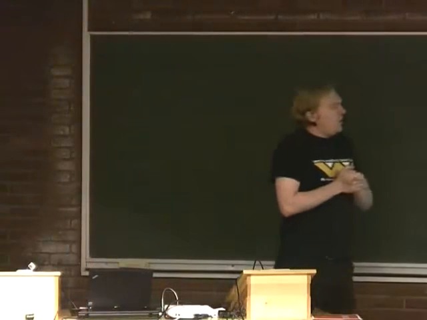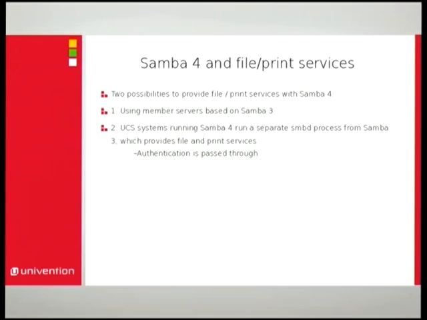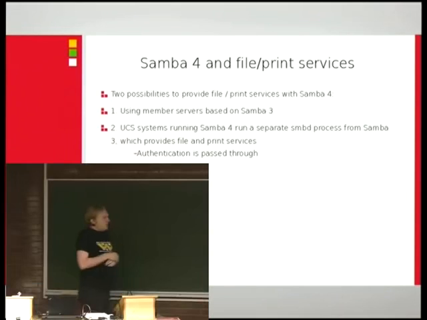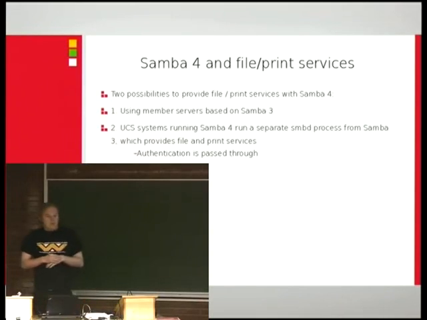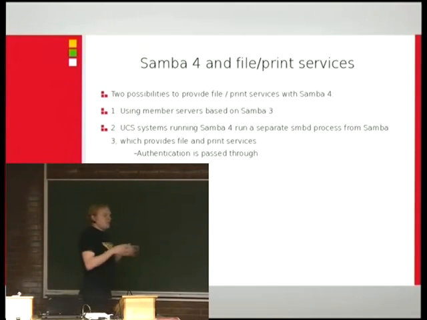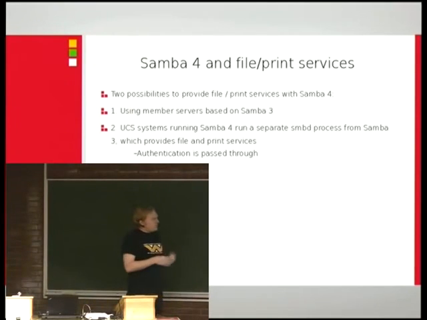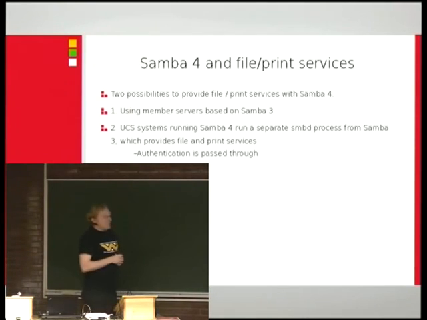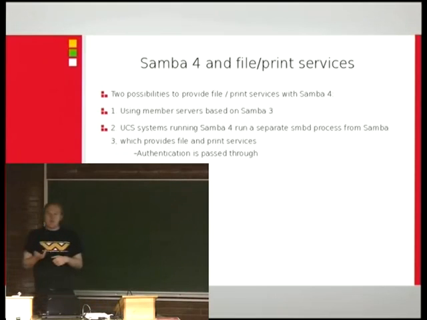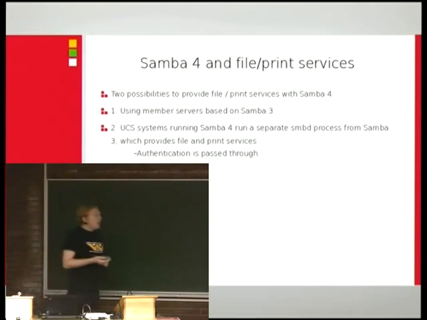The integration of file and print services is also something which needs to be considered when implementing or integrating Samba 4. With UCS, you have two possibilities. You can either use a server which is called a member server in the Windows terminology, which is a server which does not provide domain controller functionality.